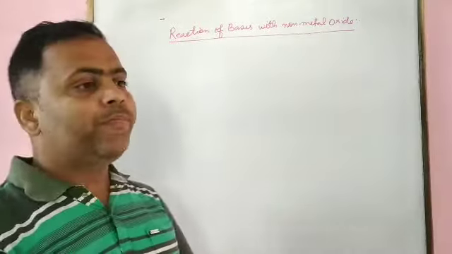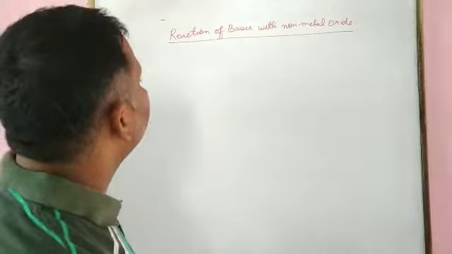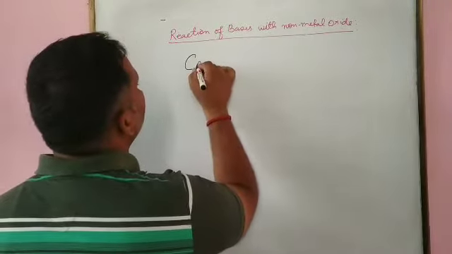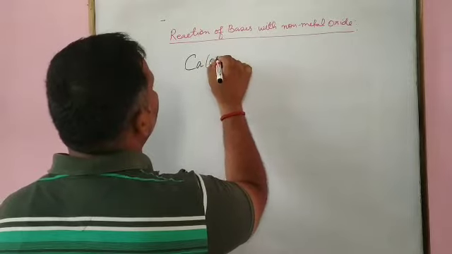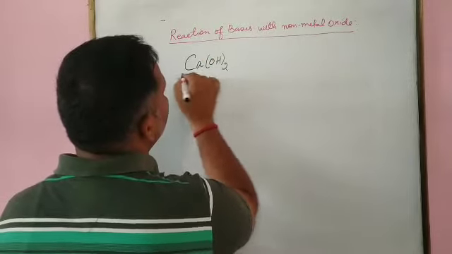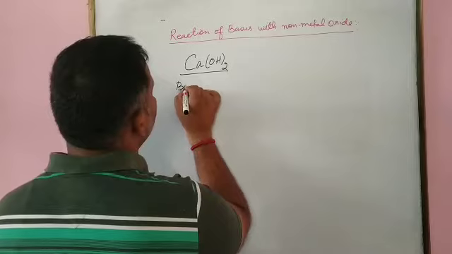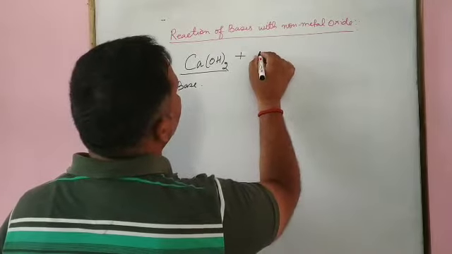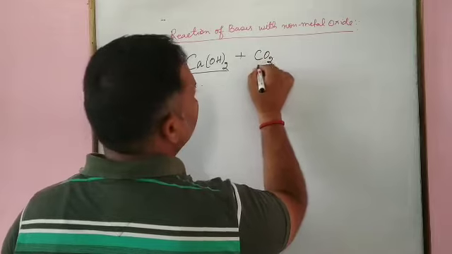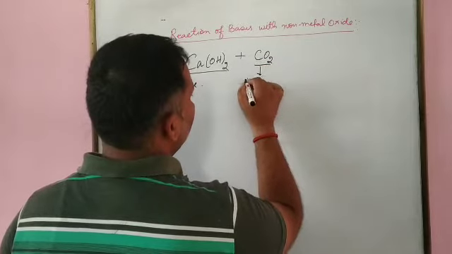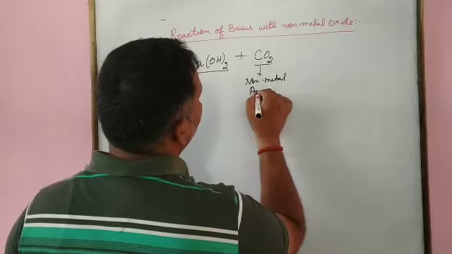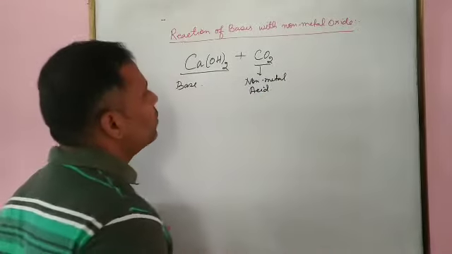Let us discuss bases. If we are discussing calcium hydroxide, Ca(OH)2, this one is a base. It reacts with a non-metal oxide, that is carbon dioxide. This is a non-metal acid oxide.